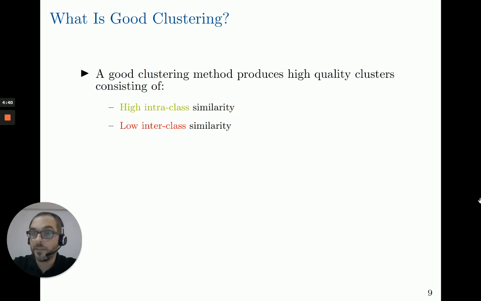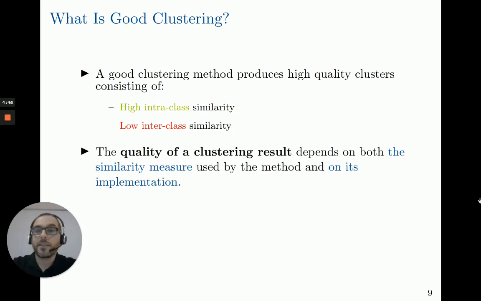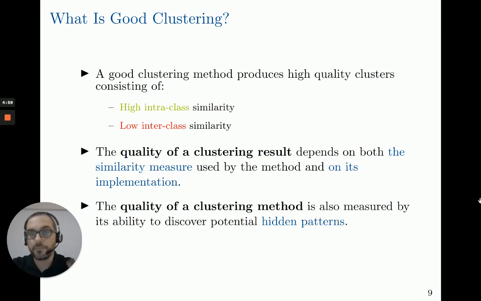We need a metric to quantify how close two observations are. So the quality of a clustering result depends on two things: the similarity measure and the way we implement the method.